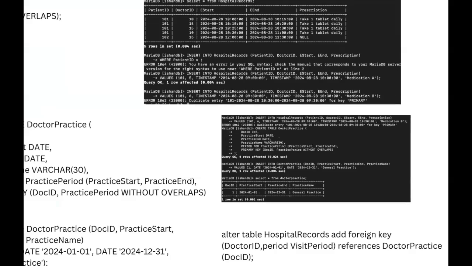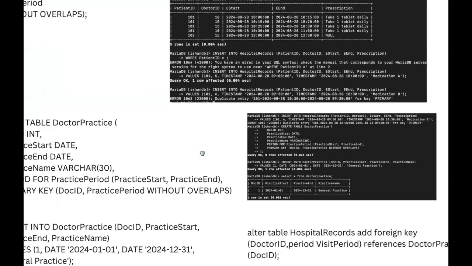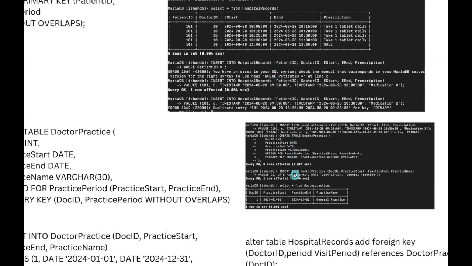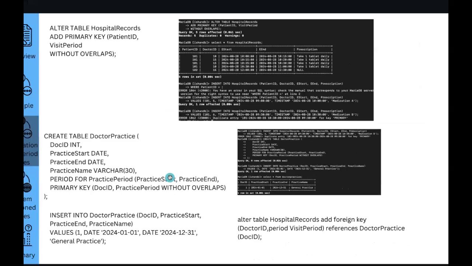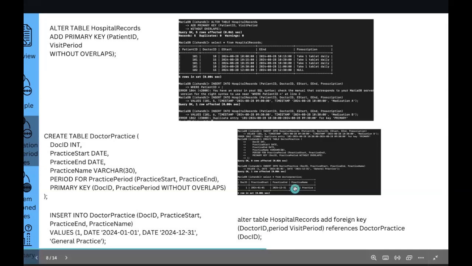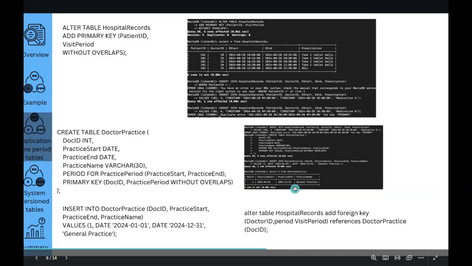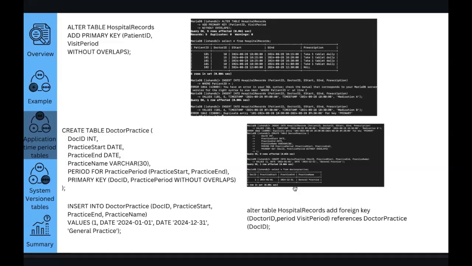For example, a doctor has started practicing from so and so time, but there is some patient who has the doctor visiting even before the doctor has started practicing, right? That is some ambiguity, and by using this table and adding a foreign key to the already existing table, we can save such mistakes.